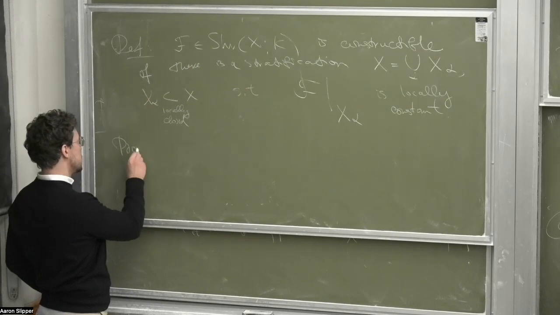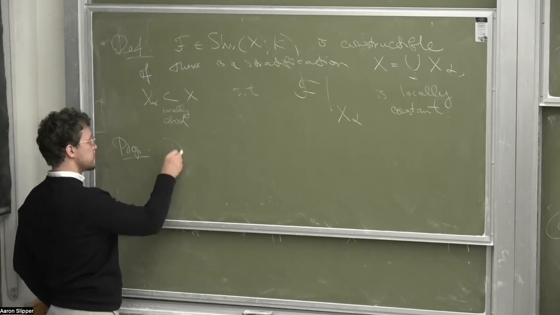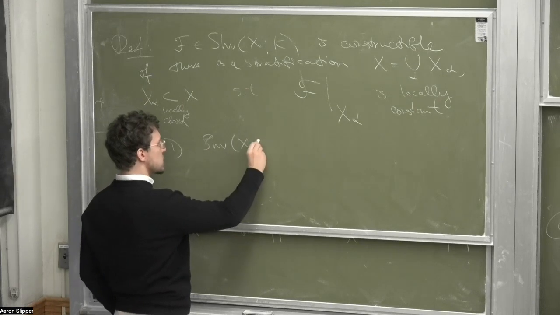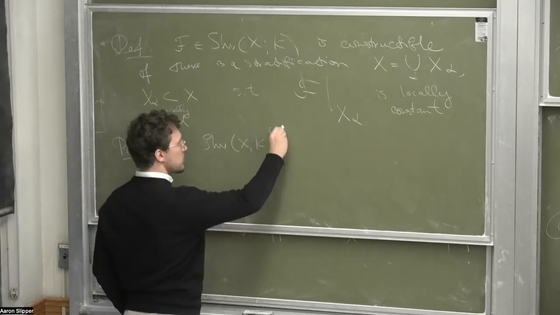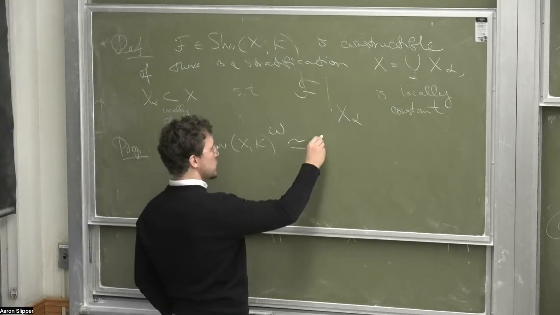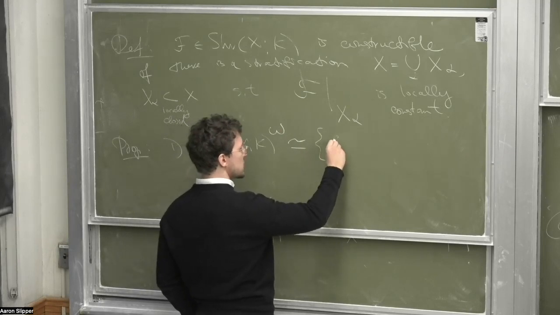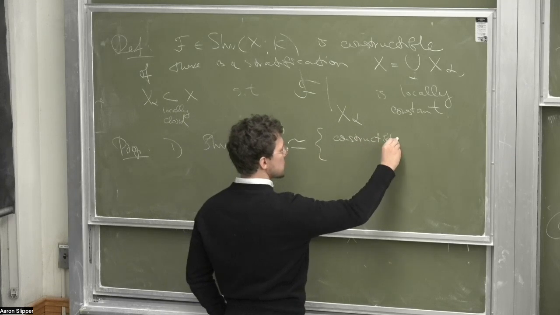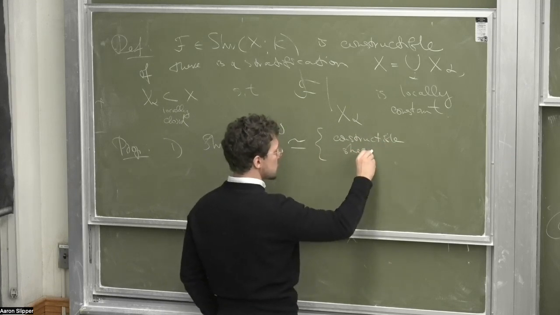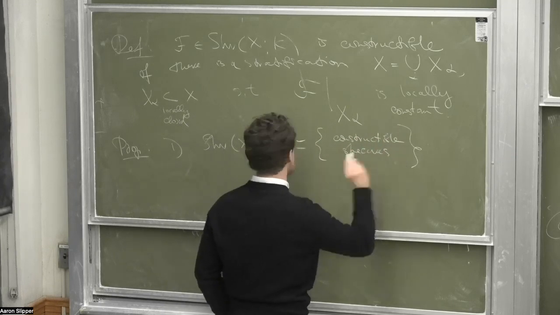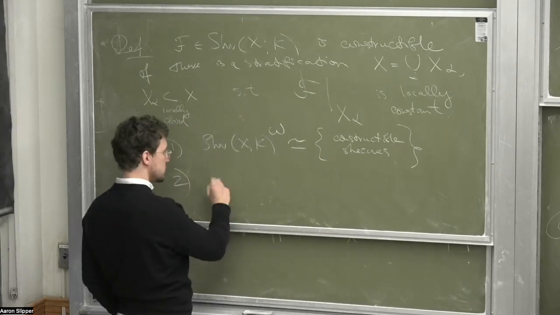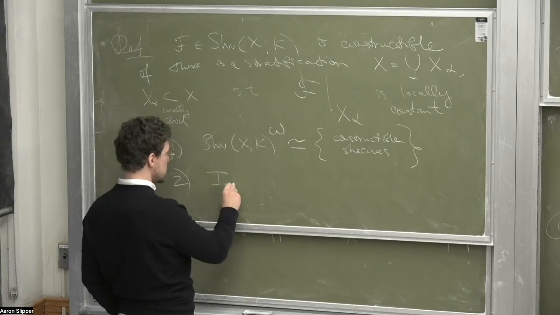Definition. Compact objects are equivalent to the full subcategory of constructible sheaves. Well, it's a compact generation.